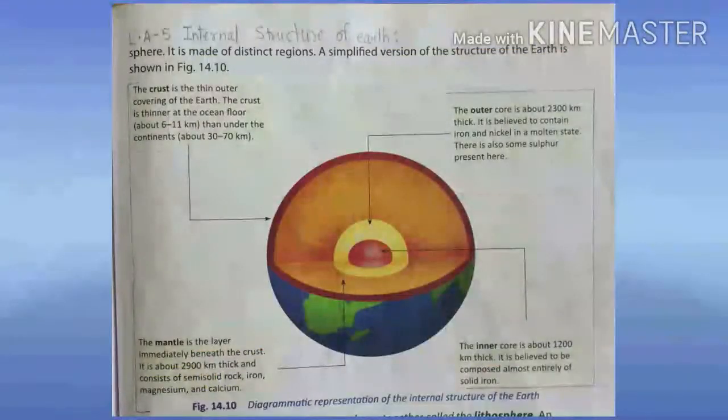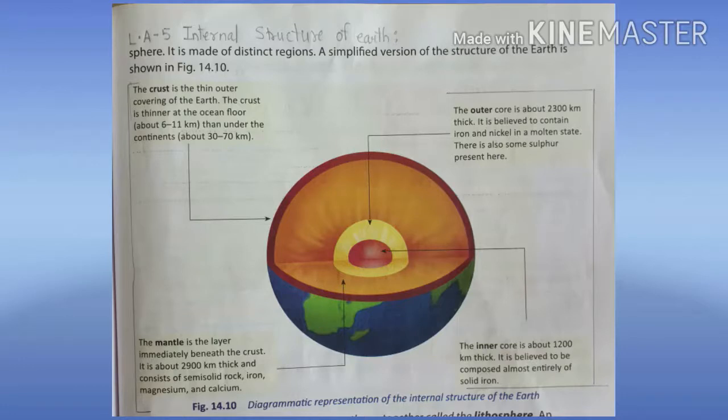Next we'll be discussing long answer 5. Long answer 5 is on page number 213. What is the question? Draw a diagram and explain the internal structure of the earth. Students, you have to write the answer like this.